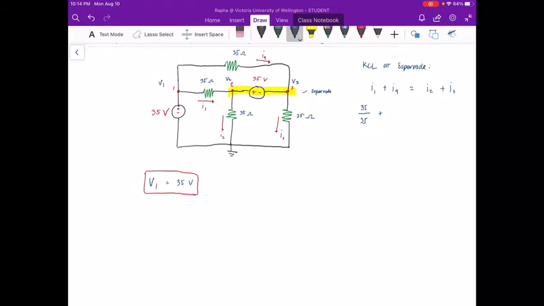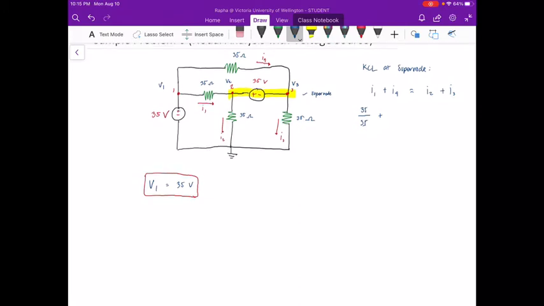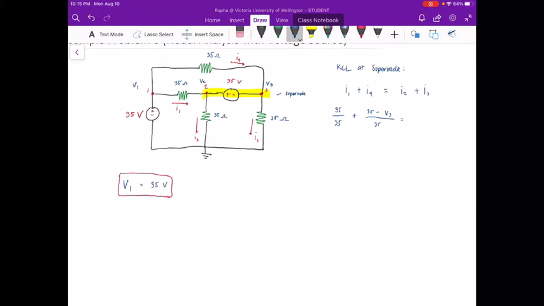The voltage for I4 would be V1, which is again equal to 35 minus V3, the voltage at node 3, over again 35, is equal to I2.